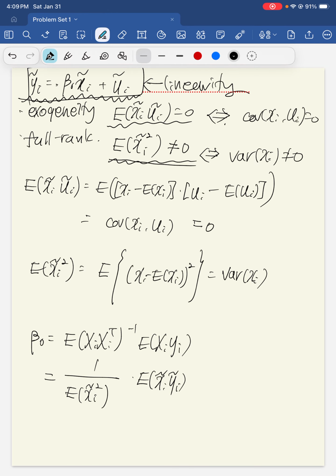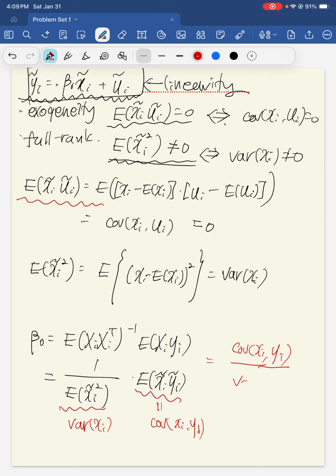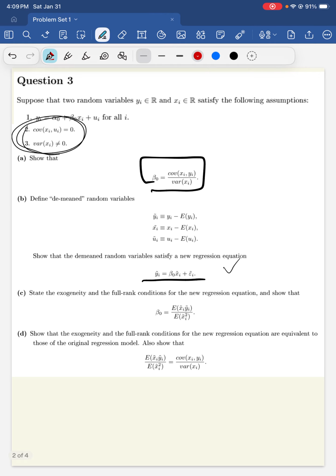And we already know this is variance of x. And following some similar algebra here, we can show that this guy equals covariance between x and y. So as a result, we have covariance x, y over variance of xi. That is beta 0. So what I wanted to explain here is I do not assume expectation of ui equals 0. It is not necessary, right?